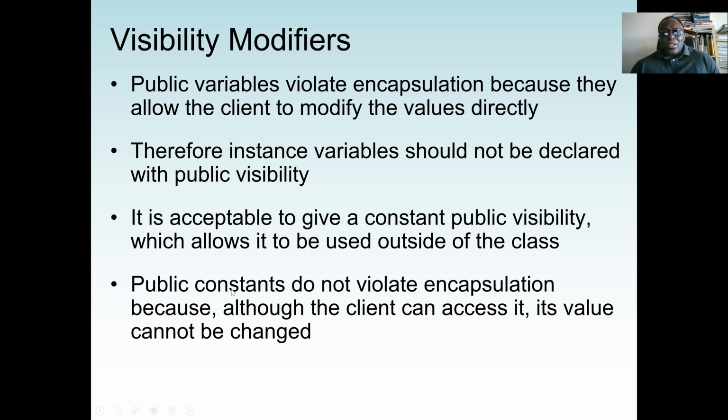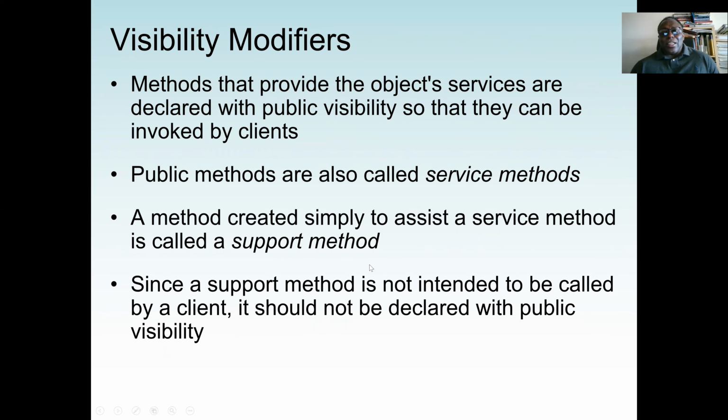So sometimes we can declare an instance variable as public, but public constant. In this case, it is secure, so it does not violate encapsulation. One thing we should know is that the term encapsulation in object-oriented programming deals with security of our data members.